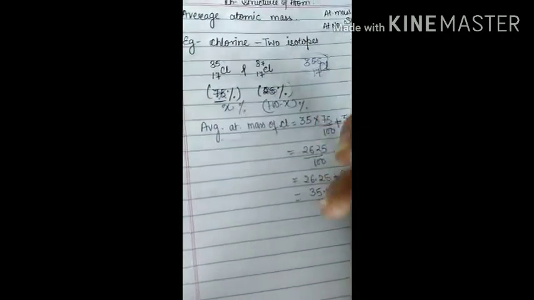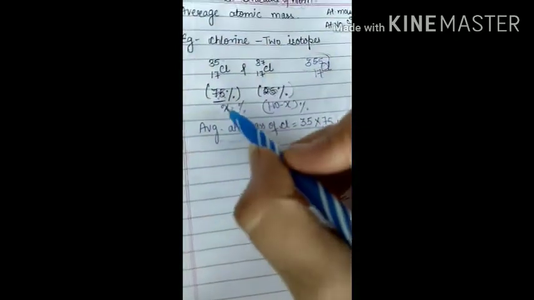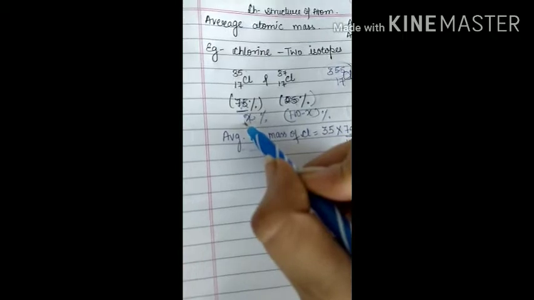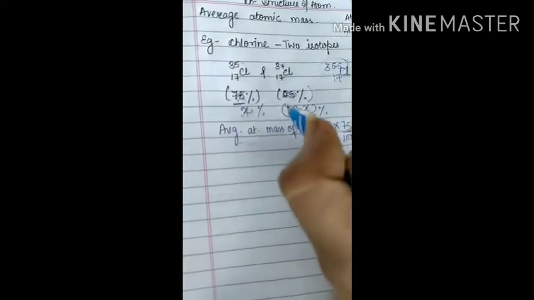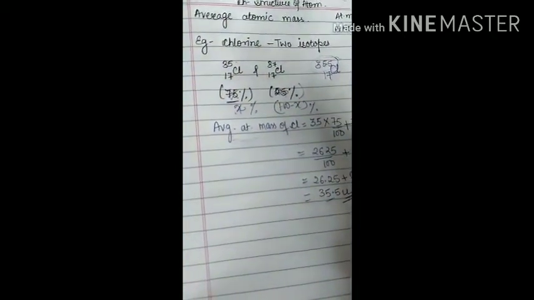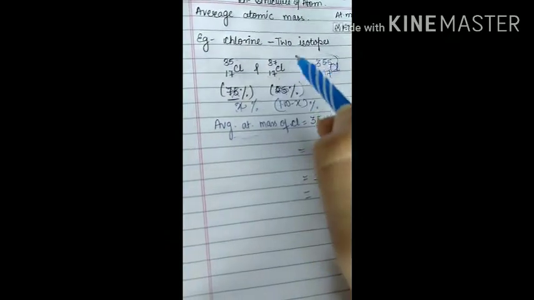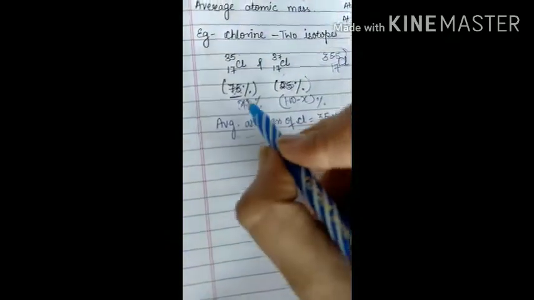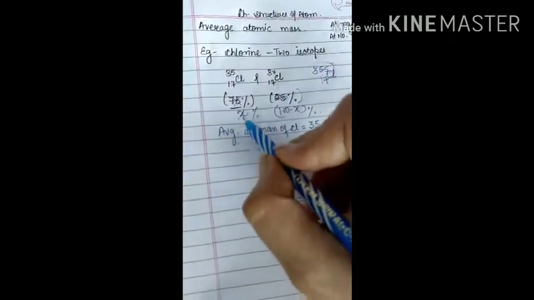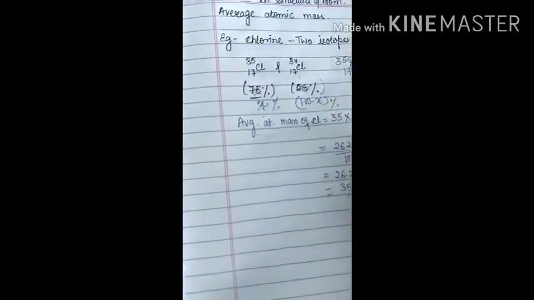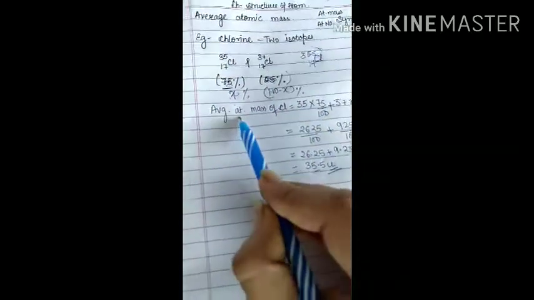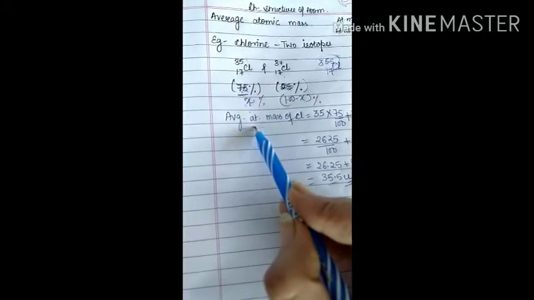Okay, and if it is 100, then it will be distributed like, if I have given x to this chlorine, then the rest of the percent will go to the next chlorine, and that will be 100 minus x. So remember one thing, if the percentage is not given and you have to find the percentage, then the average atomic mass will be given in the question.